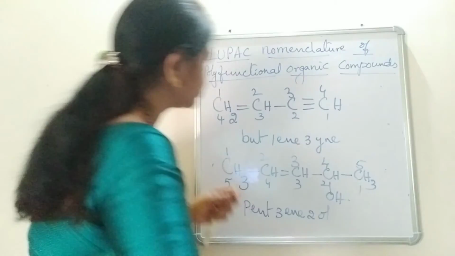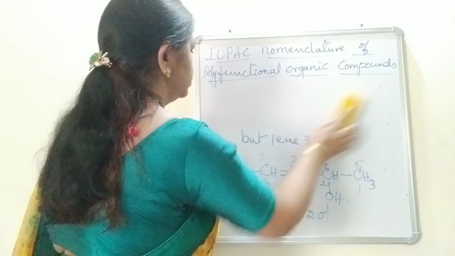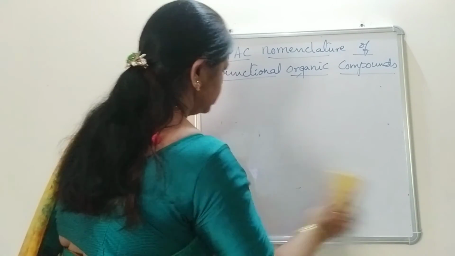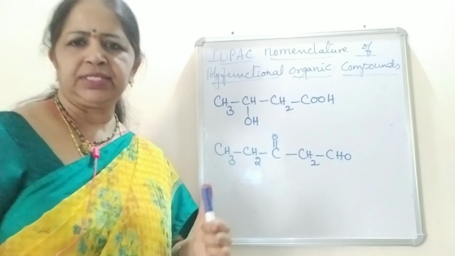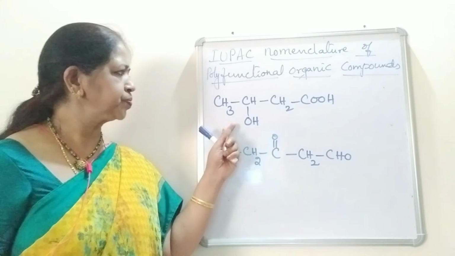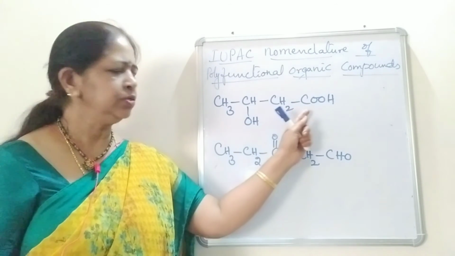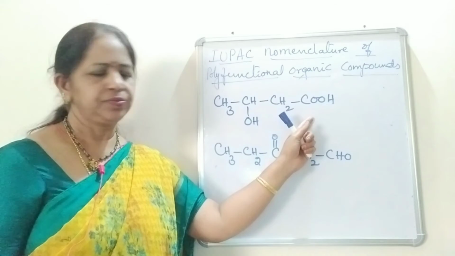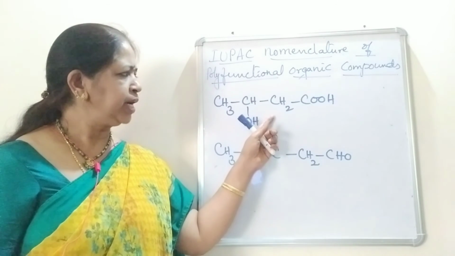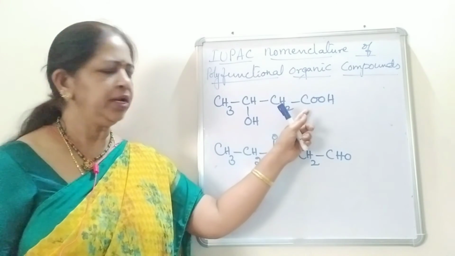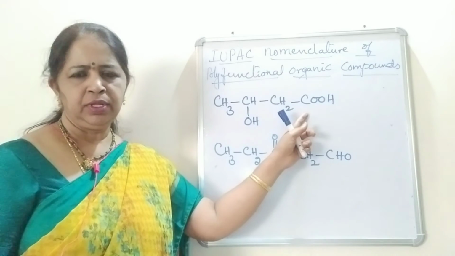Then let us take these examples. CH3, CHOH, CH2, COOH. This compound consists of both hydroxyl group and carboxylic acid group.